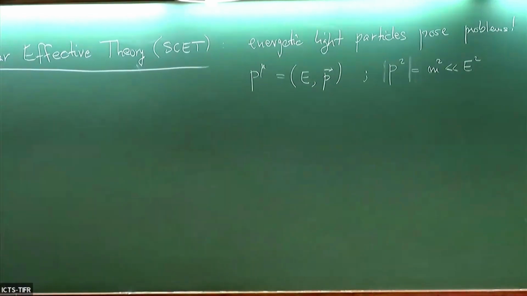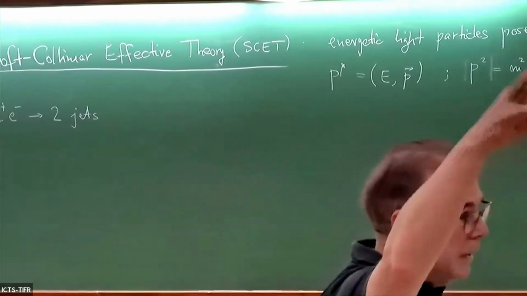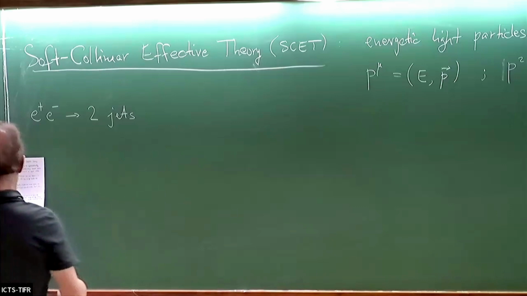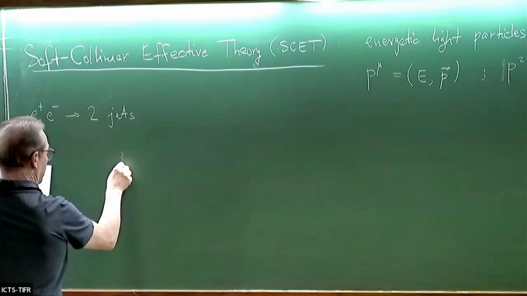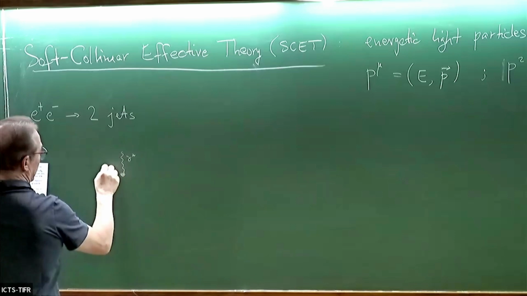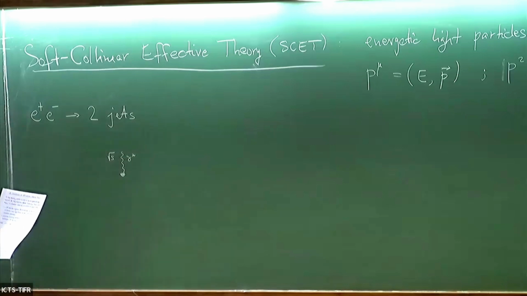We will consider an example, the simplest one you can think of: e+ e- to two jets. At the parton level, you collide electron and positron and produce a quark-antiquark pair, and then these quarks hadronize, radiate gluons, and create jets. Roughly speaking, we have a virtual photon, gamma star, with some momentum transfer q^2 or some energy square root of s, which comes from the e+ e- that collide.